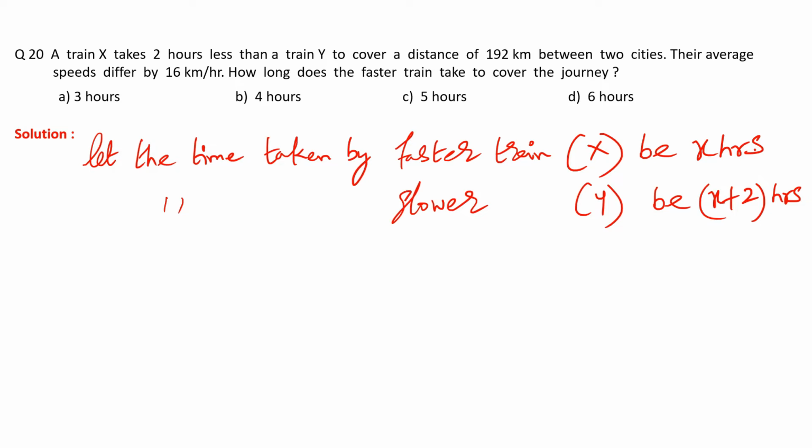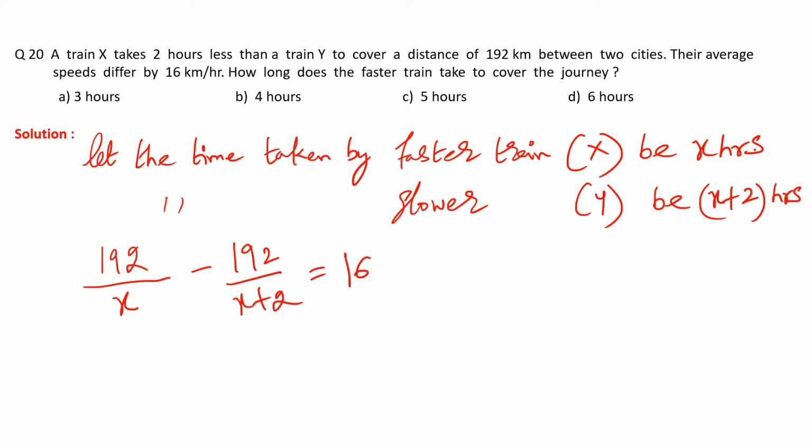Now since we are given the difference between their average speeds, we'll be forming the equation in terms of speed only. And we know that speed is distance upon time. So the equation will be 192 divided by x minus 192 divided by (x plus 2) equal to 16.